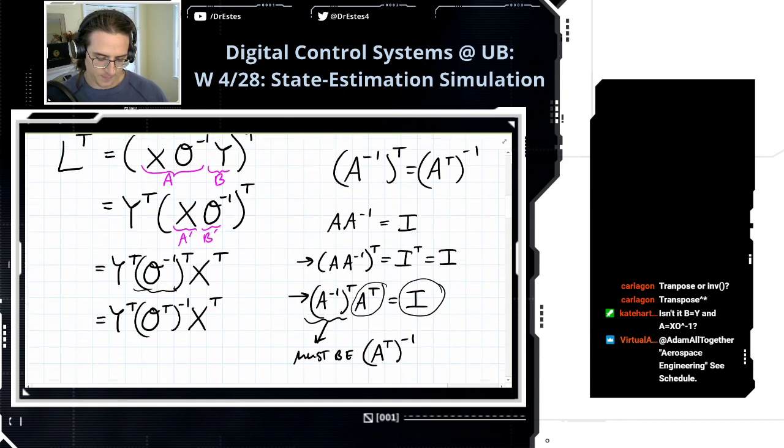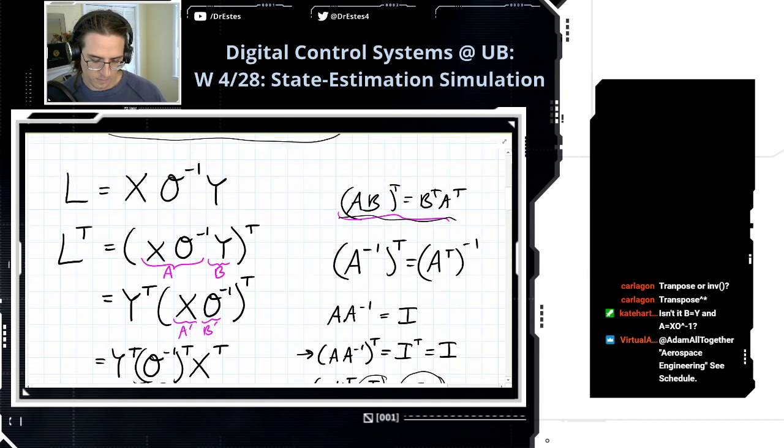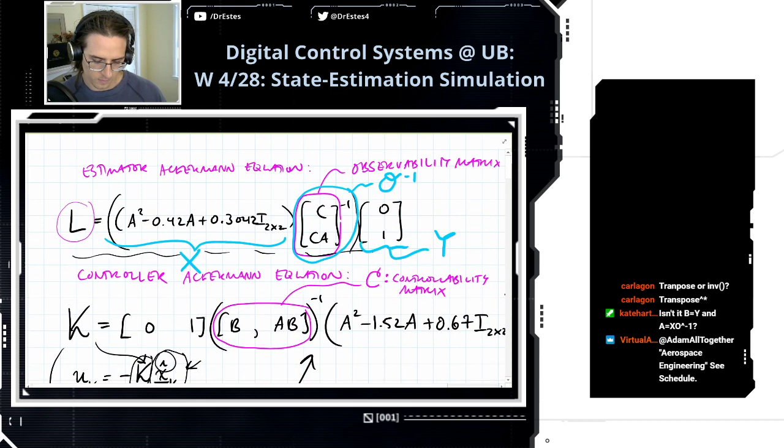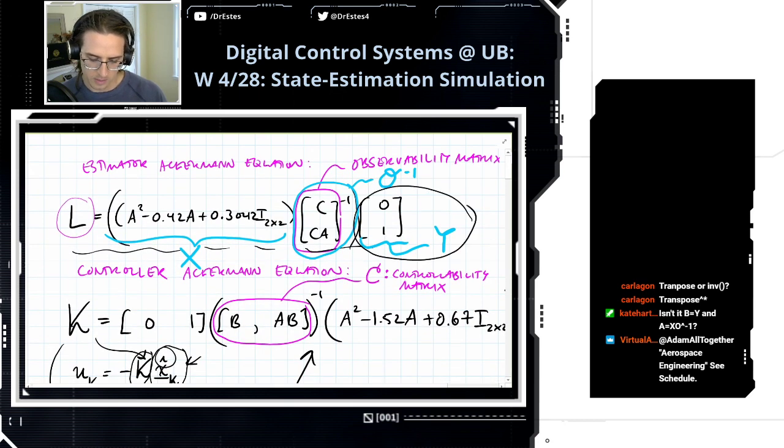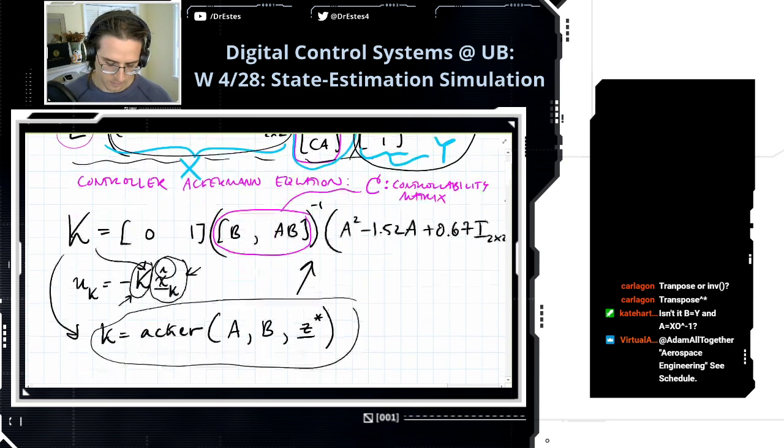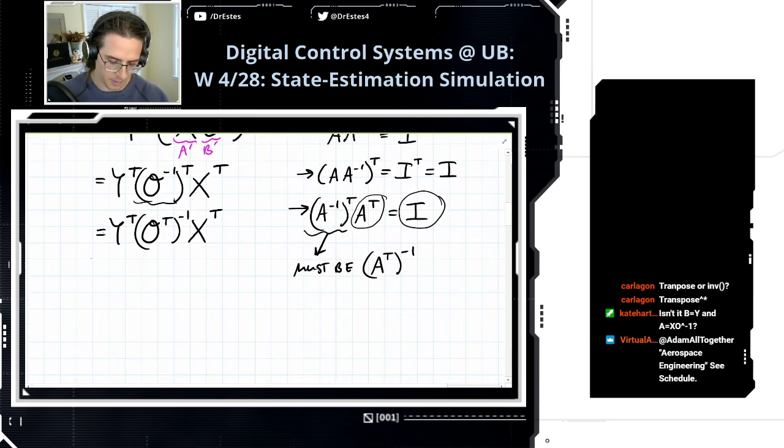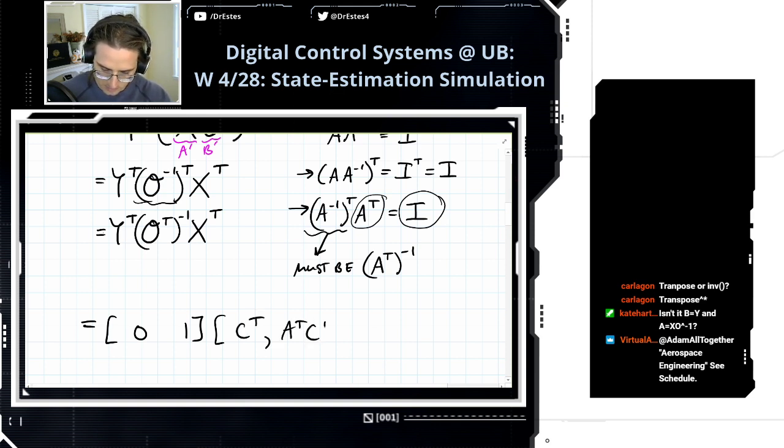So let's see. This was Y. This was X. All right, I'm just going to start plugging stuff in. So that is equal to 0, 1. So that's Y transpose. And then the observability matrix transposed looks like this. And then you have the inverse of it.